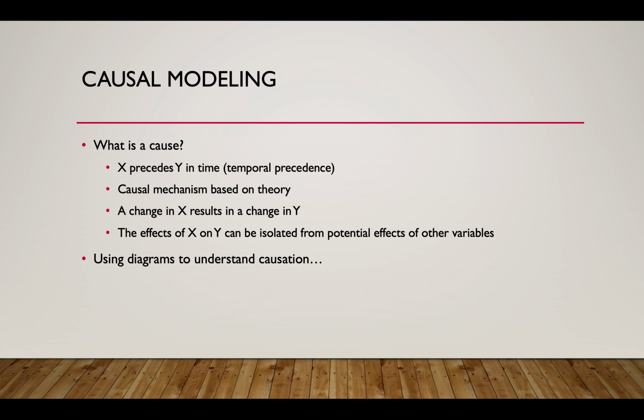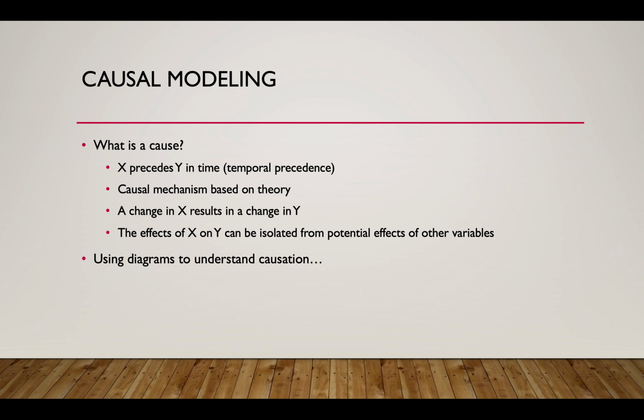And when we say cause, we are specifically saying the cause of y due to x. In order to make these statements about x causing y, we have to meet some kind of basic criteria.